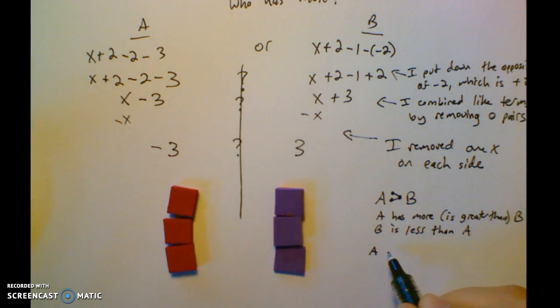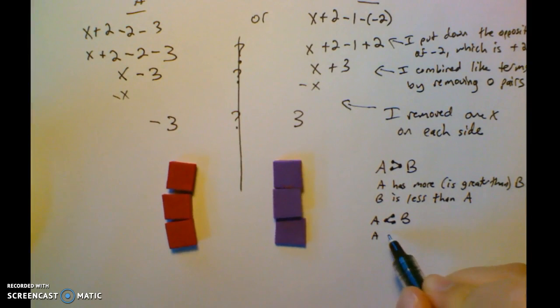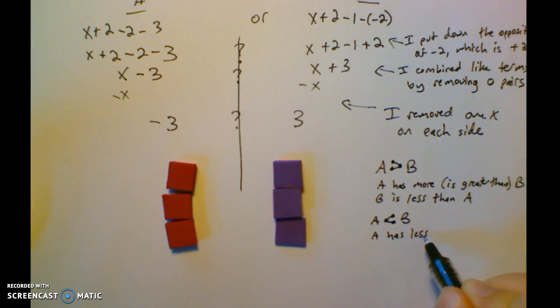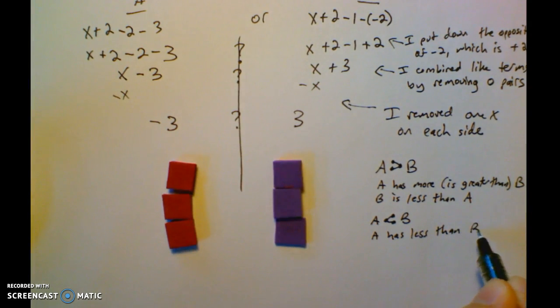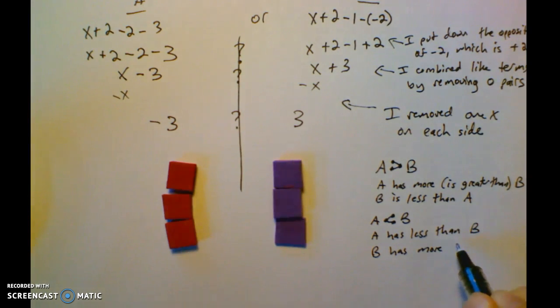Going the other way, this would mean that A has less than B, or the same thing as saying B has more than A.